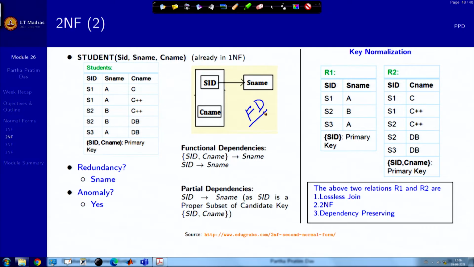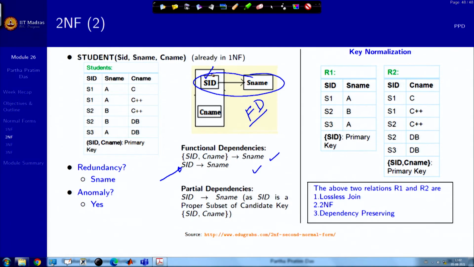Right. So, these are the functional dependencies as you have written over. Of that, if you look at this, SID, this one, this is a partial dependency. How do I say?